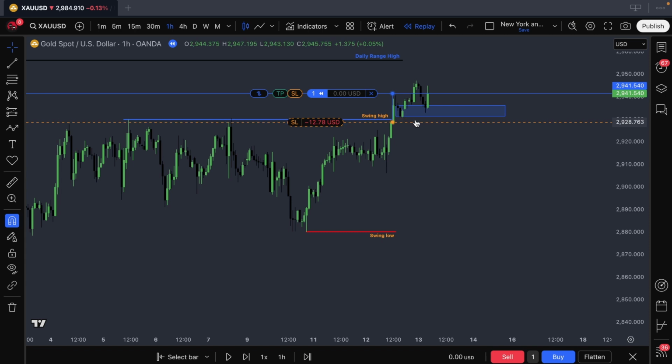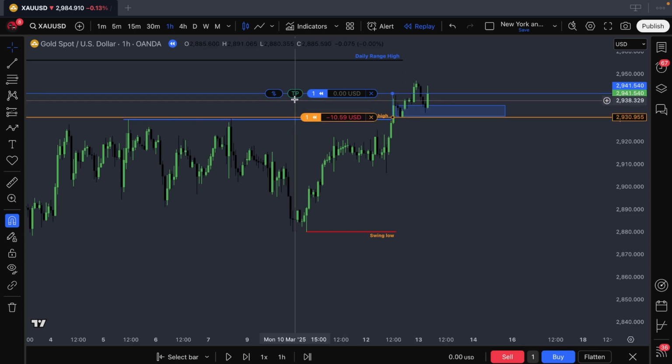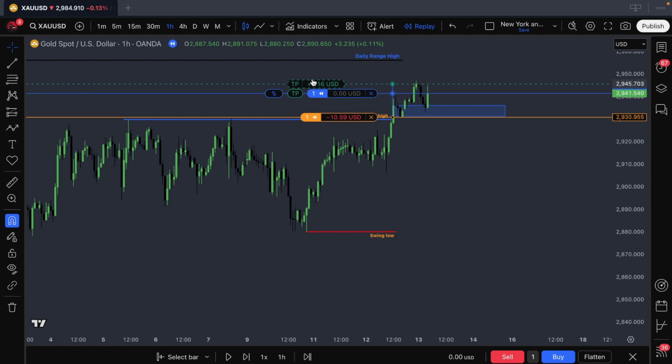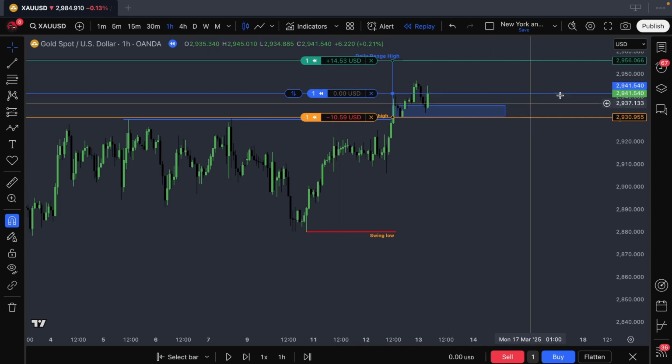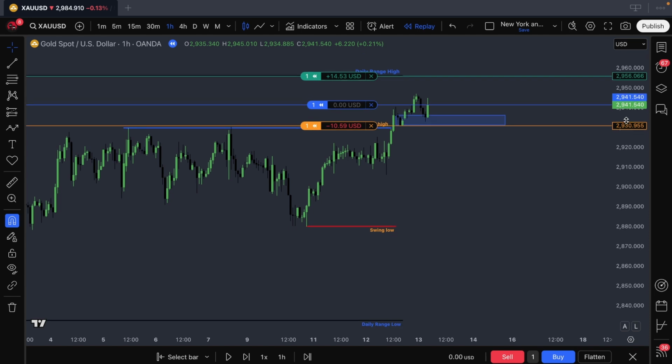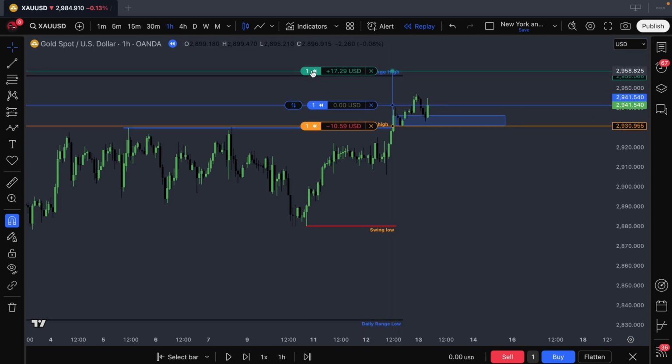Stop loss right at the swing low right here. Either you can put your stop loss right at the swing low or right under the order block. Let's just put it under the order block just to be safe. And then the target will be the daily range high. But since it's a risk of $10, you'd want to make at least a 1:2 or 1:3 if you want, but as long as it's not 1:1, I think you should be all right.